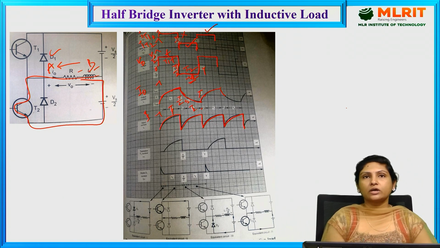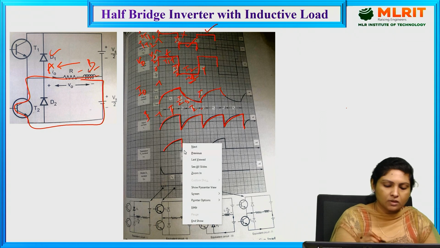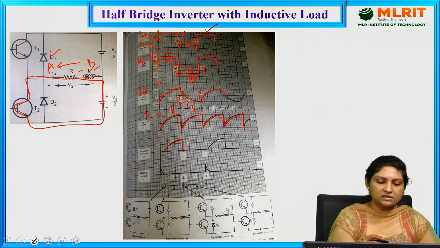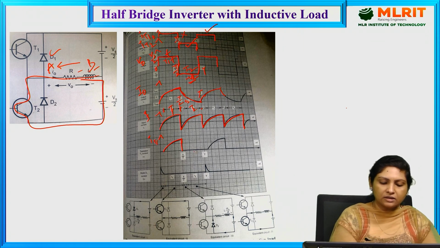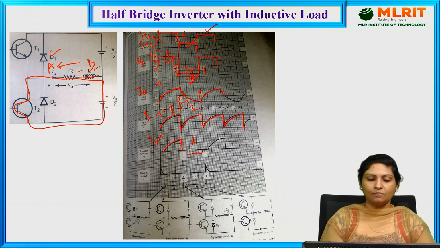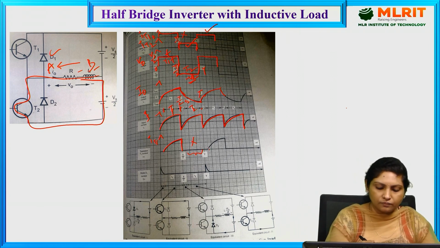Now talking about the individual current waveforms, across transistor 1: it is active right from this instant to this instant. Here I am indicating the current waveform through transistor 1, and again here transistor 2 is conducting, so there is no waveform across transistor 1, and again at this instant called T1, transistor 1 came into the picture.